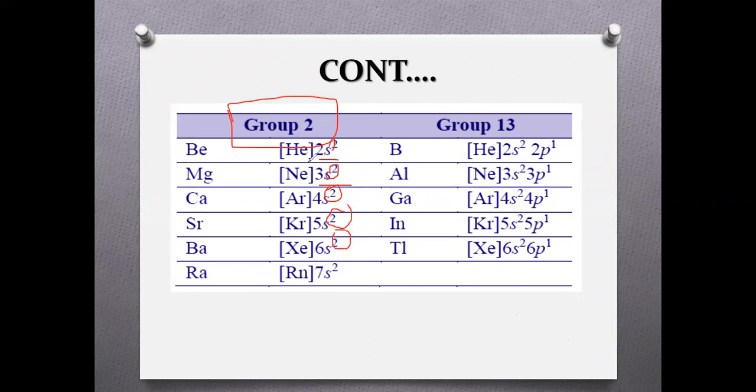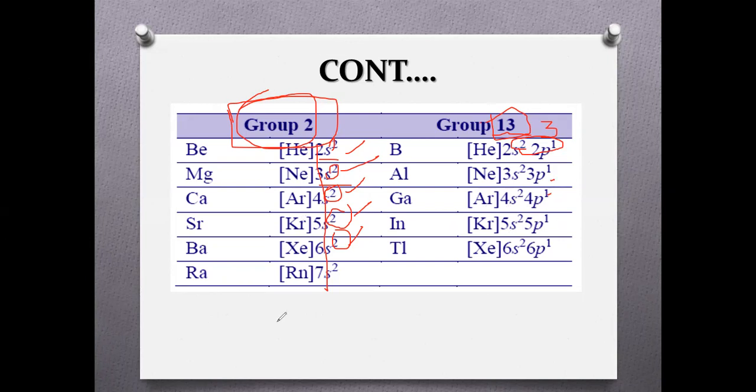Though the period differs, we say this is group 2. The valency electrons should be 2. If it is group 13, the 13 means it has 3 valency electrons. Can you see the upper part? The s2 belongs to 2s and 2p1 also belongs. So this seems to be similar.